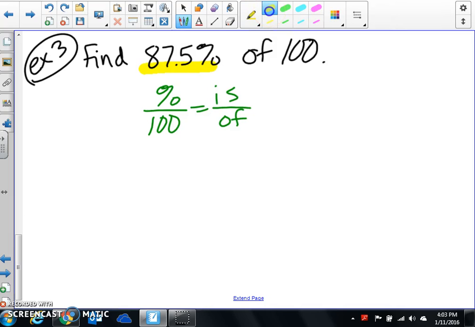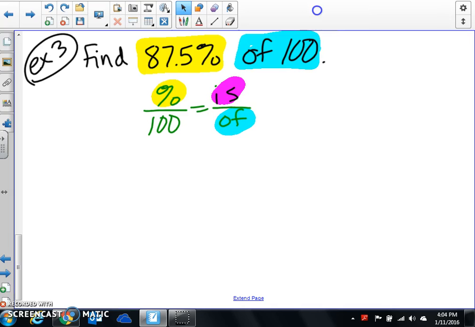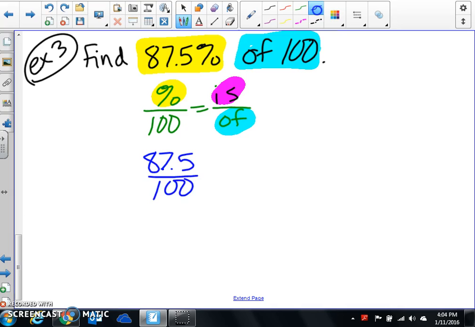So find, okay, so 87.5%, so that's going to go there, of 100, so of is down here, meaning what I'm going to try to find is. I don't know what is. So 87.5 over 100 equals is, I don't know, so x over 100.